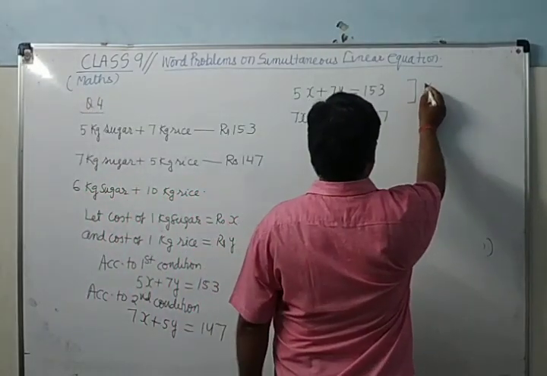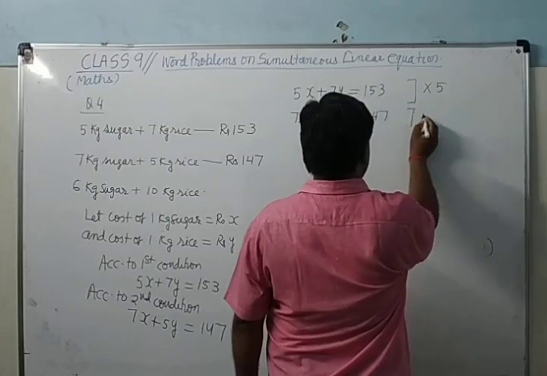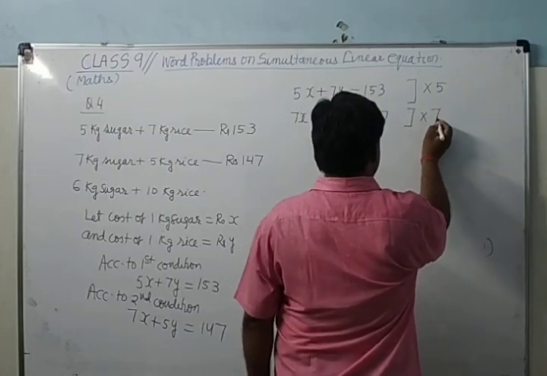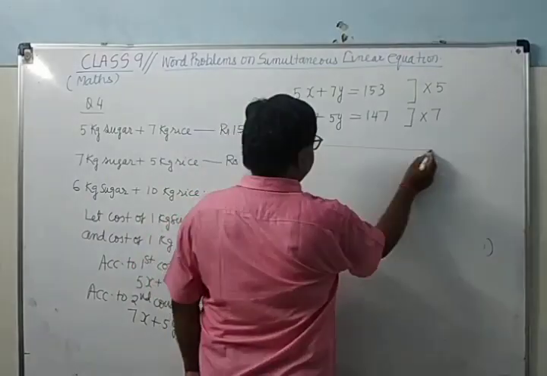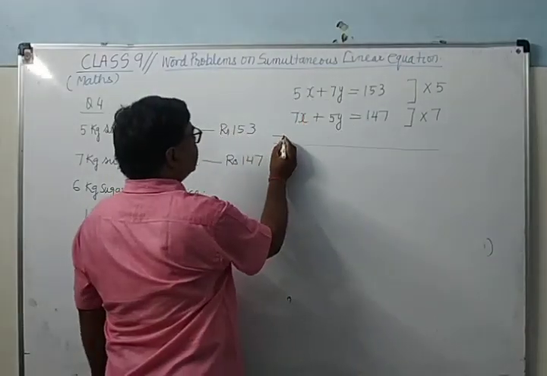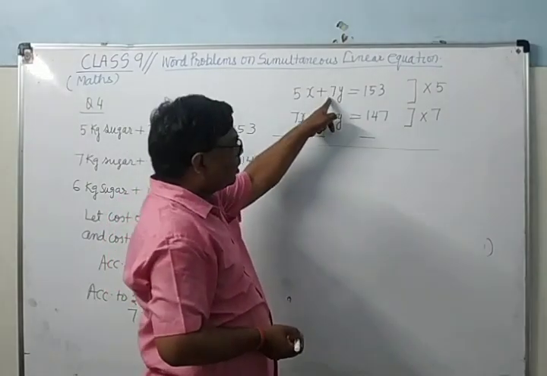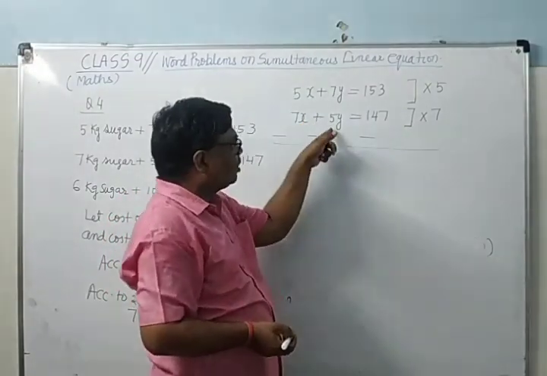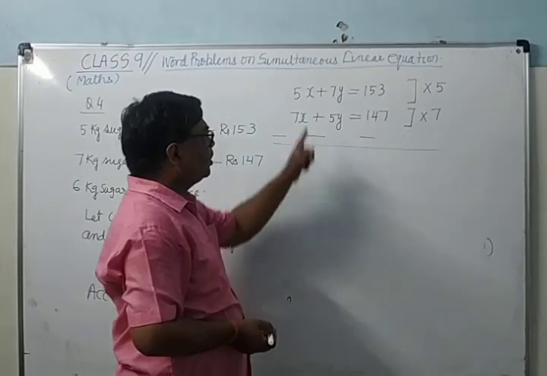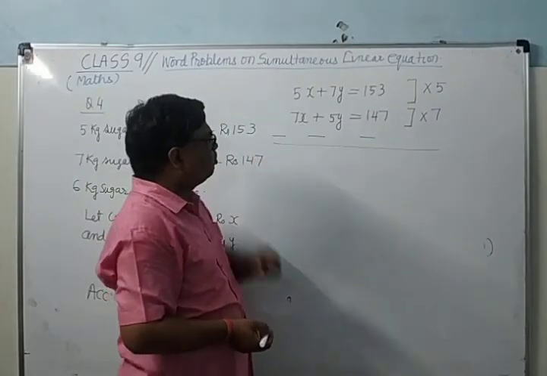Here you multiply this with 5 and this with 7, and then subtract, because both are plus. Here we cancel y: 5 times 7 is 35, 7 times 5 is 35, cancel. Its sign is plus and now its sign is minus.